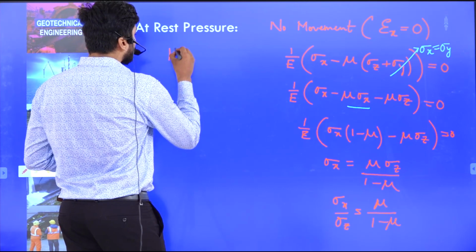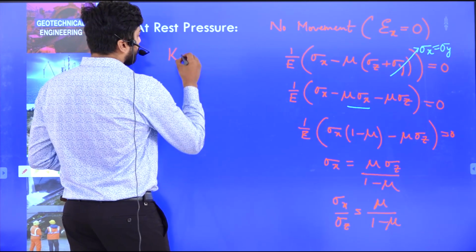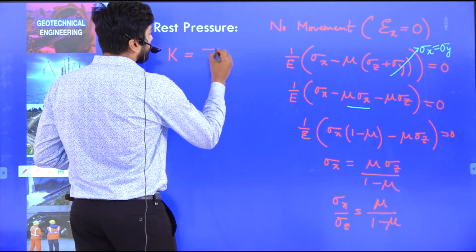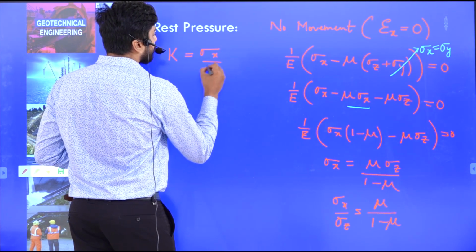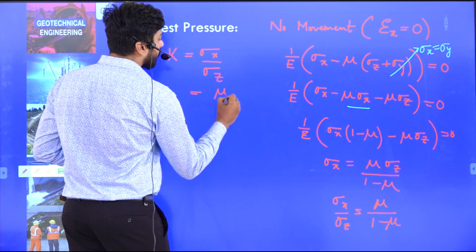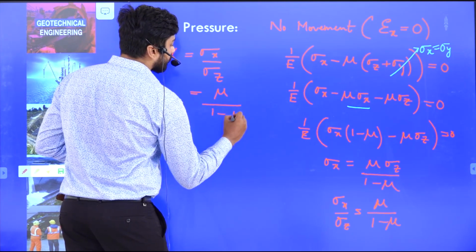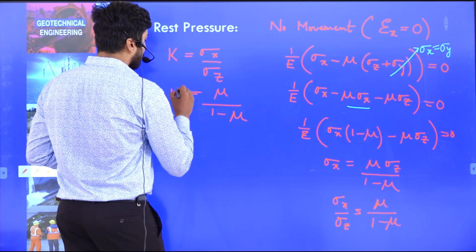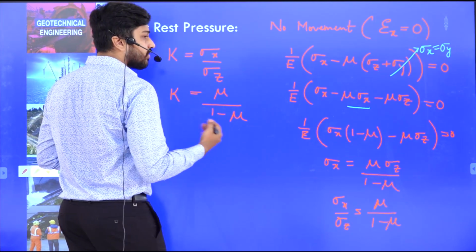Therefore this k is equal to sigma x by sigma z, which is mu by 1 minus mu, where k is one particular coefficient.